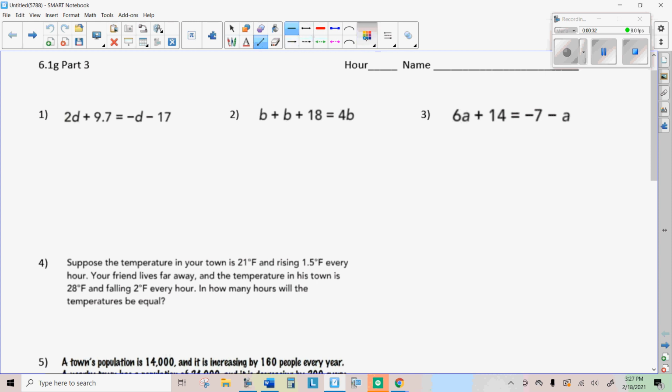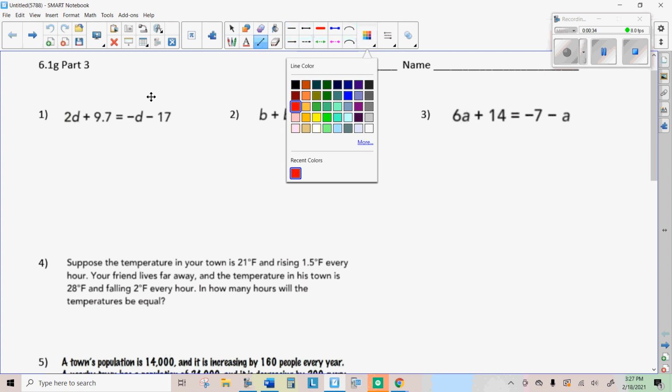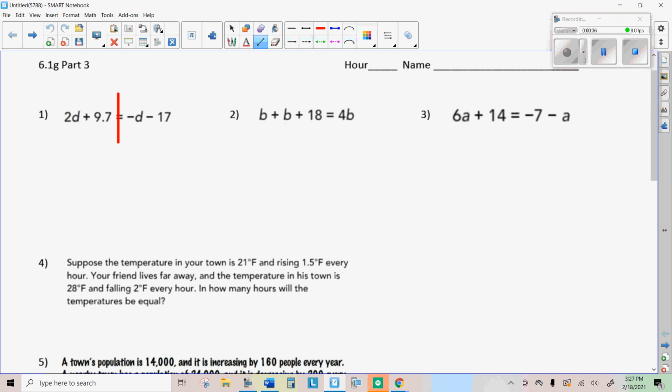Remember, whatever you do to one side you need to do to the other. So I'll just put a line there to remind me of that. All right. And then what we need to do is get rid of the variable from one side. So I can either get rid of this 2d or I can get rid of this negative d there. I think I'm going to get rid of the negative d by adding d.